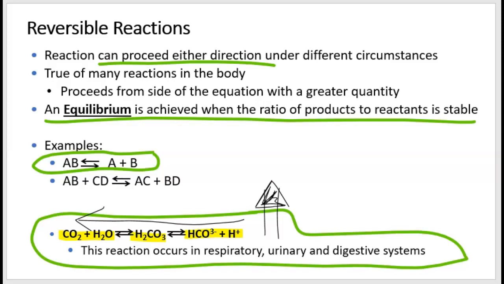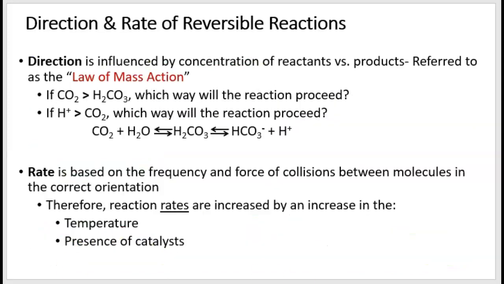Eventually an equilibrium is reached so that the amount on one side is equal to the amount on the other side. This concept of reaching equilibrium is related to something known as the law of mass action.